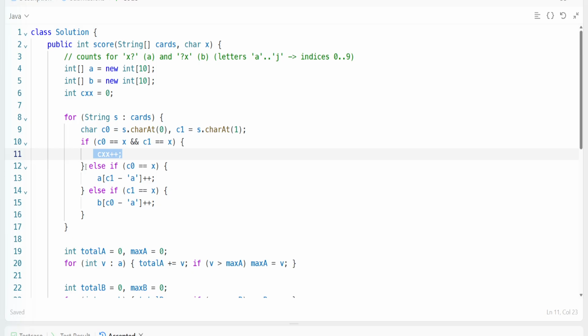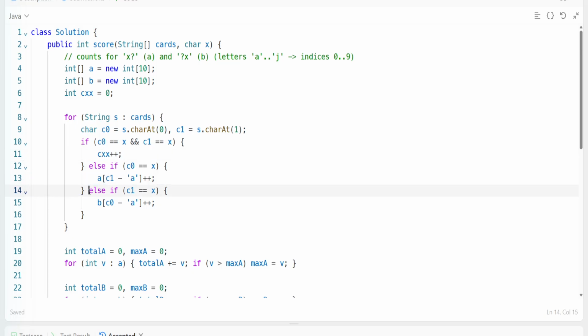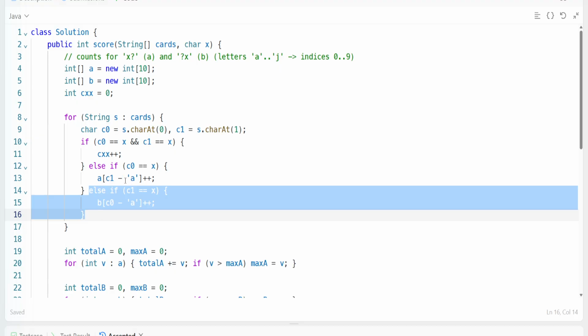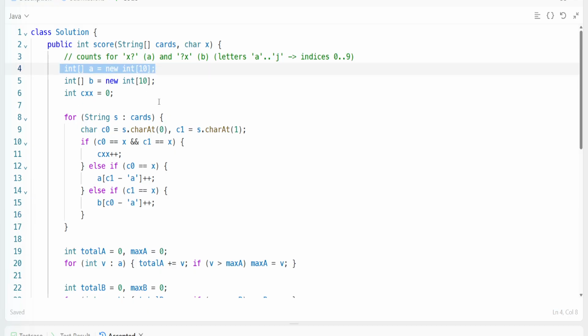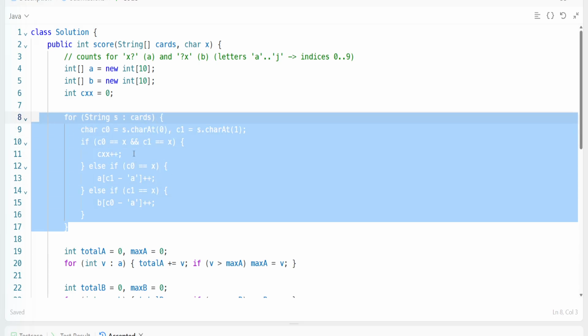Otherwise, we'll check if it is in A or in B, and we'll increase its count at the position in the respective array, for card A and for card B. So the purpose here is to categorize the cards.